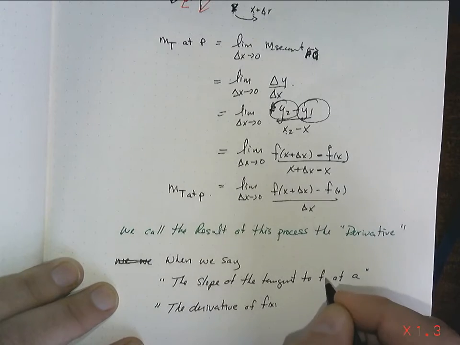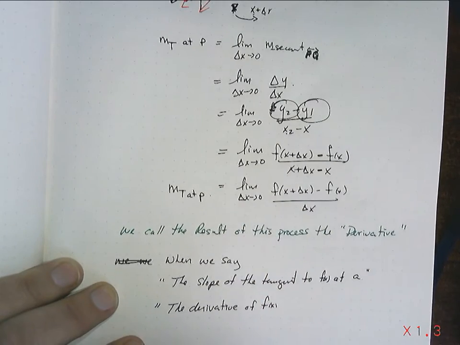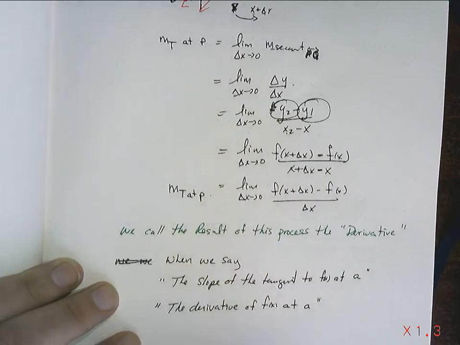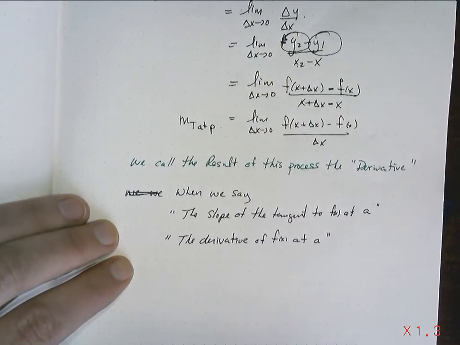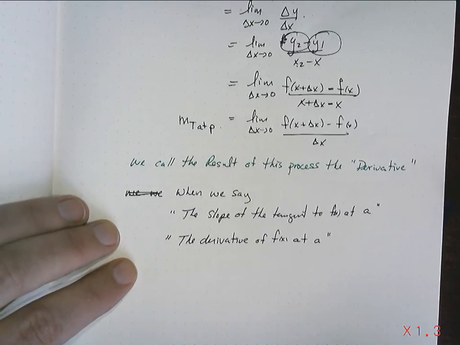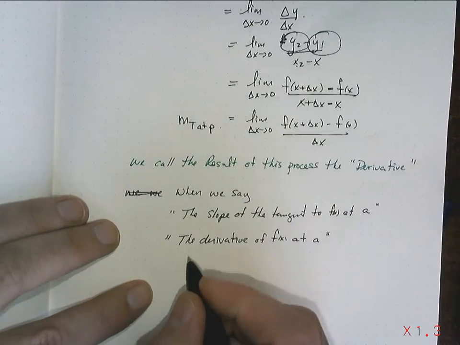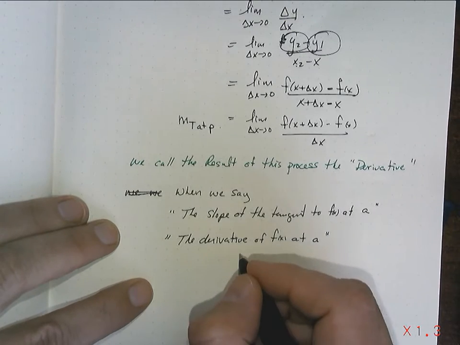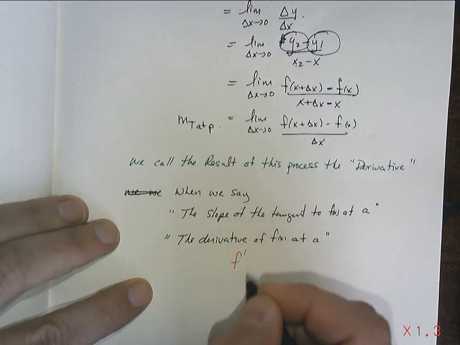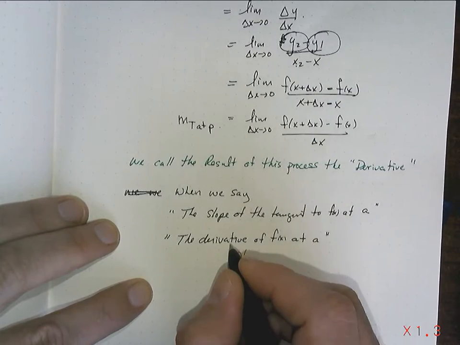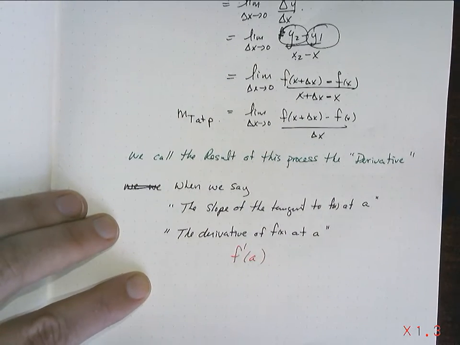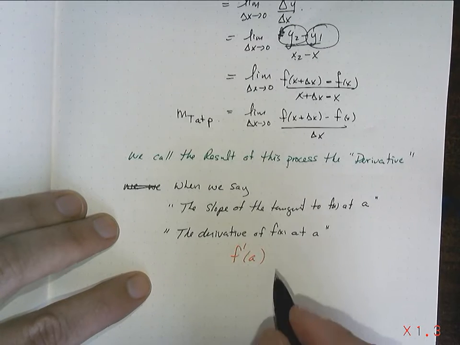Why don't I make that f of x so that you know that it's a function? The derivative of f of x at a. Those mean the same thing. And we have a mathematical way of saying the derivative. And the mathematical way of saying the derivative is to say f prime. And to say the derivative of f of x at a is to say f prime at a. All these mean the same thing.